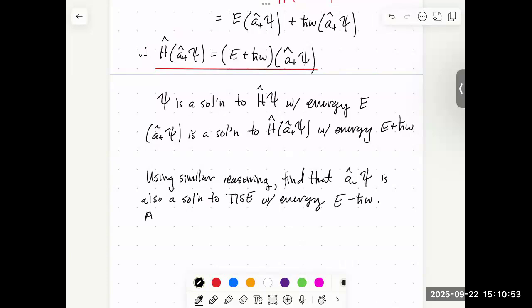It generates a state of lower energy. So once I find one state, I can generate an infinite number of states with higher energy, and I can generate states with lower energy as well.